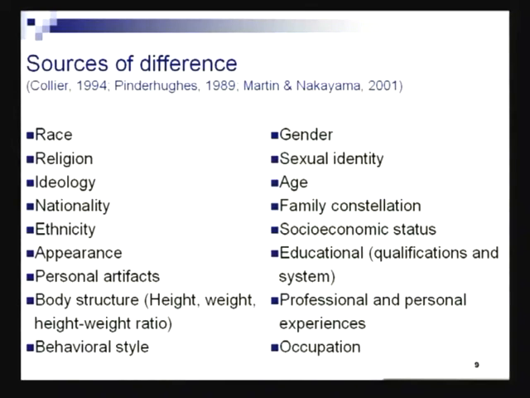Now, sources of difference. I am going to spend a considerable amount of time on this slide just to demonstrate how we can be different. According to several people, I collected this information from just 3 papers, but a lot more things could be added to this, and the list could be really endless. So, I have just taken the broad categories to demonstrate how we can be different.